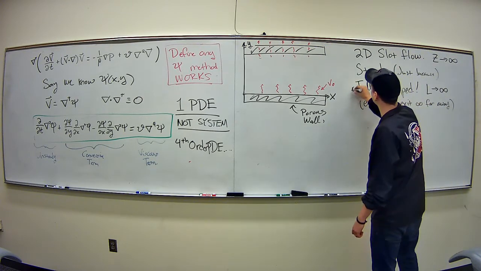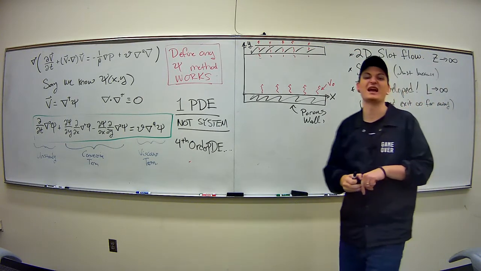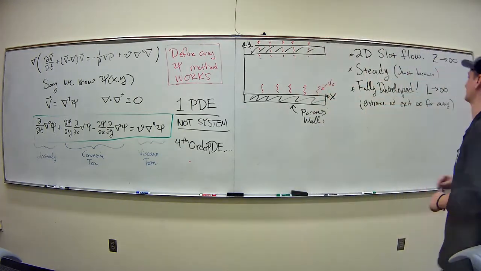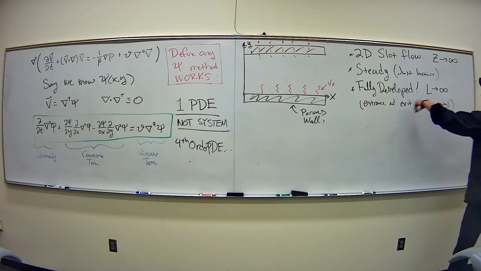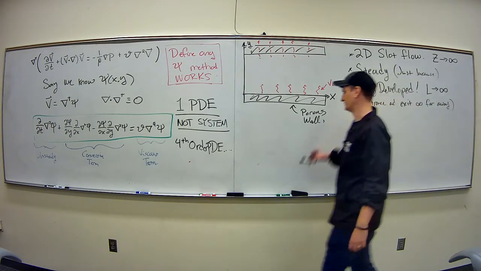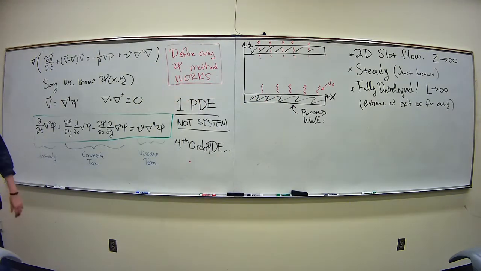In the scale sense, fully developed could be thought of as the entrance and the exit of this slot being infinitely far away in terms of the scale I have. So again, it's a scale argument. Those are important to have to be able to write this system down.